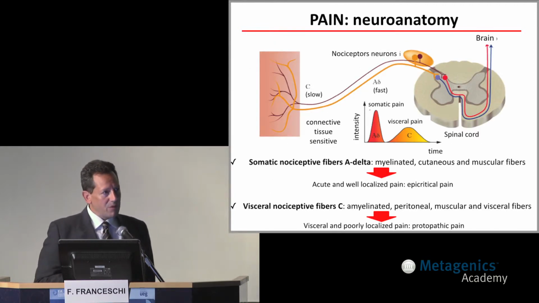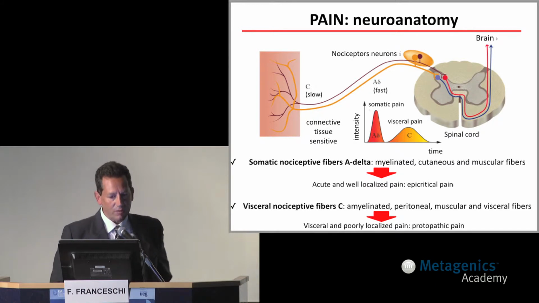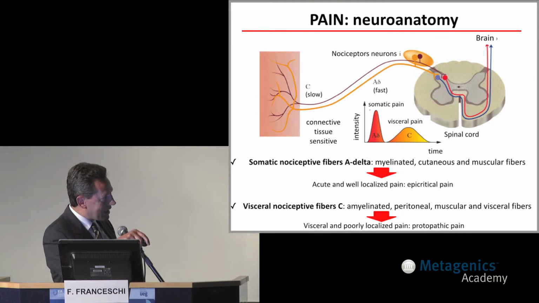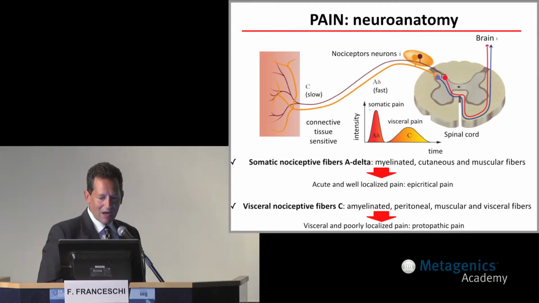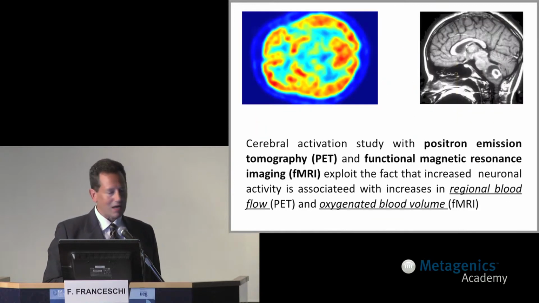When we talk about abdominal pain, we have to talk about neuroanatomy, because it's very important to know that visceral pain is the most common cause of abdominal pain. We'll talk about this later. And C fibers are strongly implicated in the transmission of visceral pain.